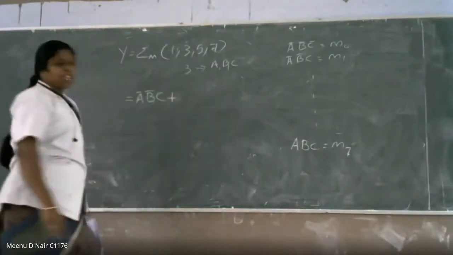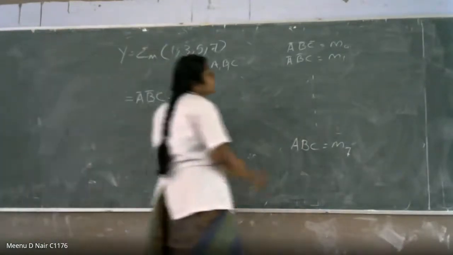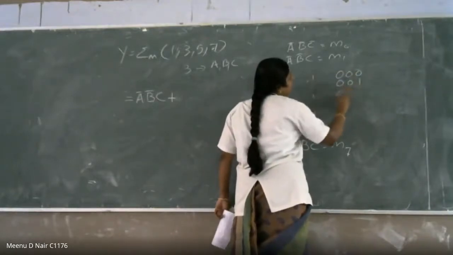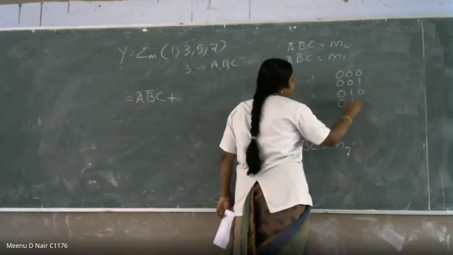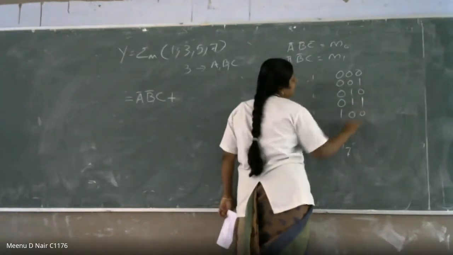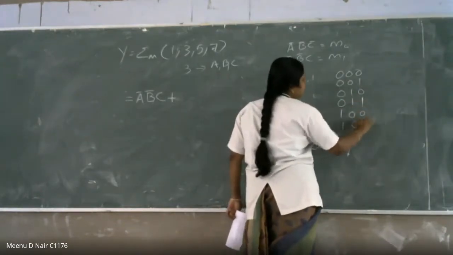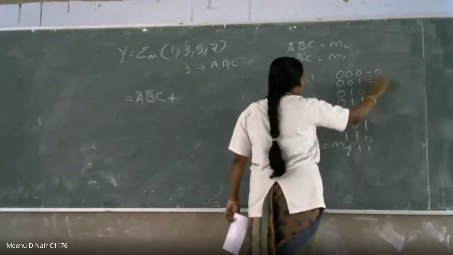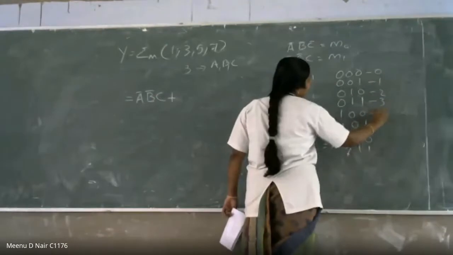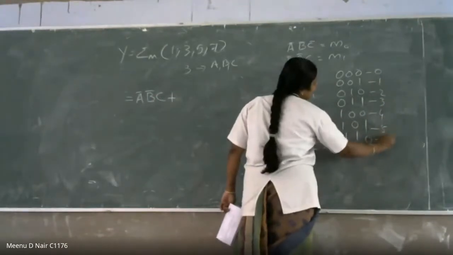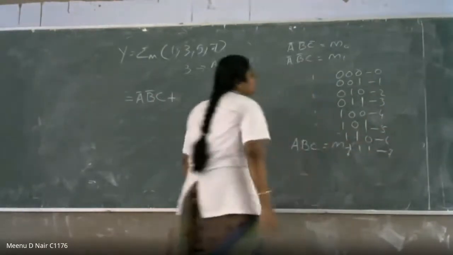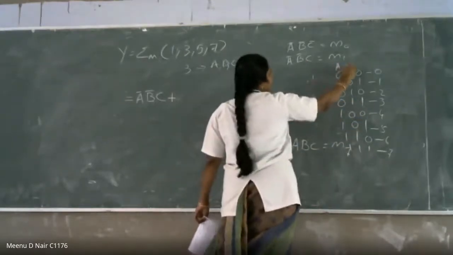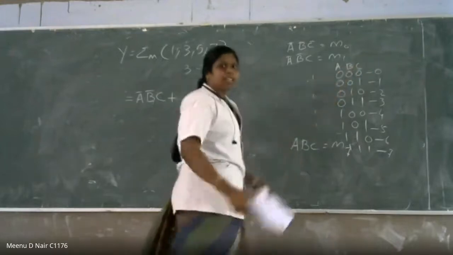Then what is 3? You can write it as 000, 001, 010, 011, 100, 101, 110, 111. This is 0, 1, 2, 3, 4, 5, and this one is 7. So 3 is A̅BC.